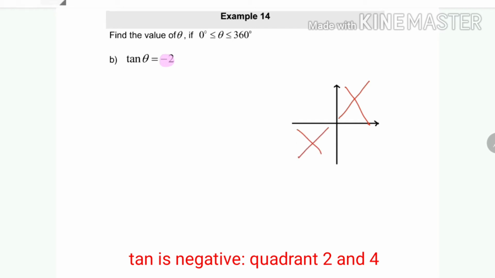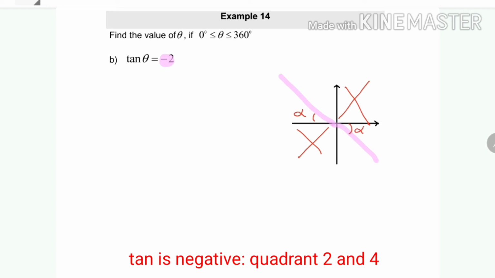And we have to choose the second quadrant and fourth quadrant. Since the sign is negative, therefore, alpha is located at the second quadrant and fourth quadrant.